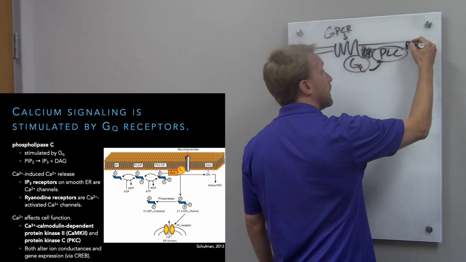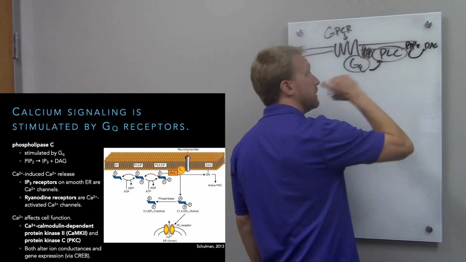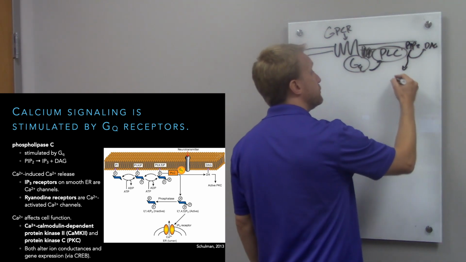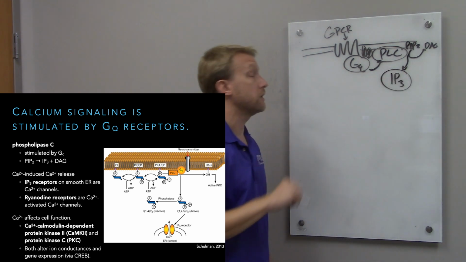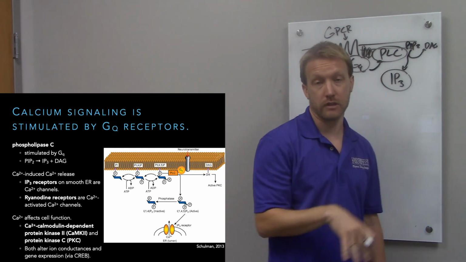So we'll turn PIP2 into diacylglycerol. That'll stay at the membrane. This will be important later, but we don't care about it for now. We do care about inositol triphosphate, IP3. That's what's going to stimulate calcium release.